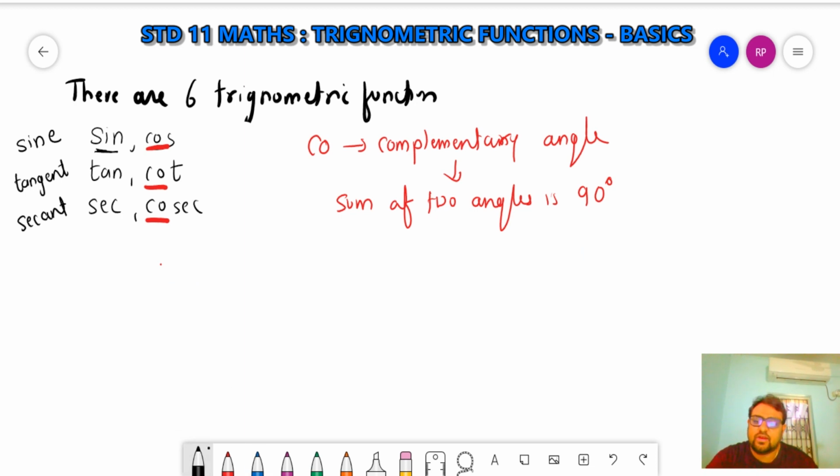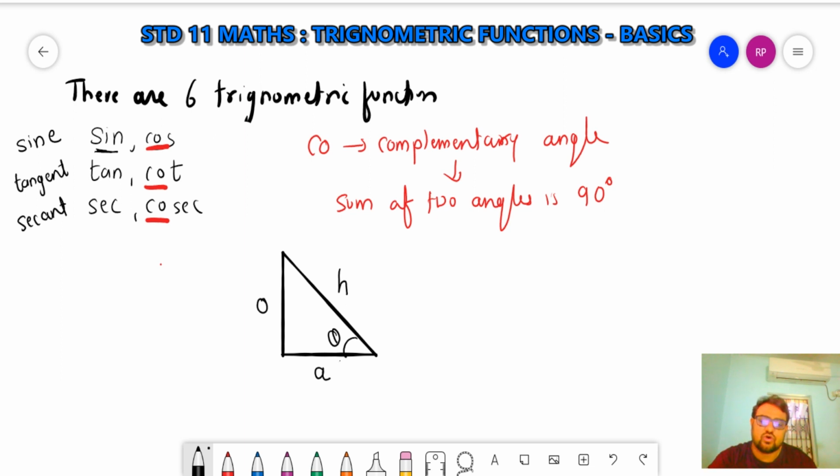Now, six trigonometric functions are there. Actually, these trigonometric functions are expressed as ratios of the sides of a right angle triangle. I will take the adjacent side to the angle, the opposite side to the angle, and the hypotenuse.